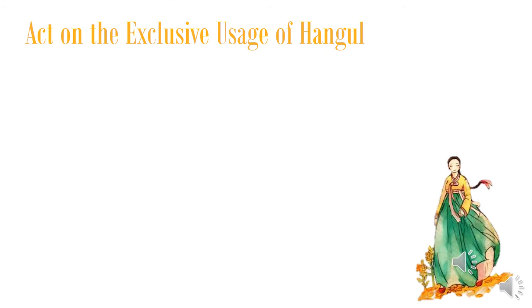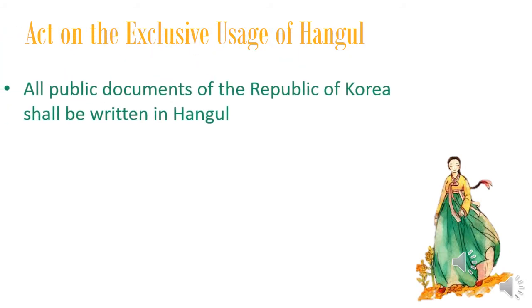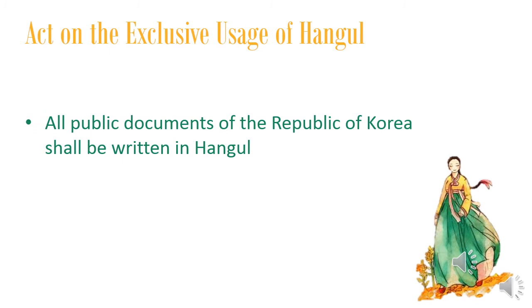The Act on the Exclusive Usage of Hangul was made when the government of South Korea was established in 1948. Its main objective is that all public documents of the Republic of Korea shall be written in Hangul. Chinese characters can be used in conjunction with Hangul as required.